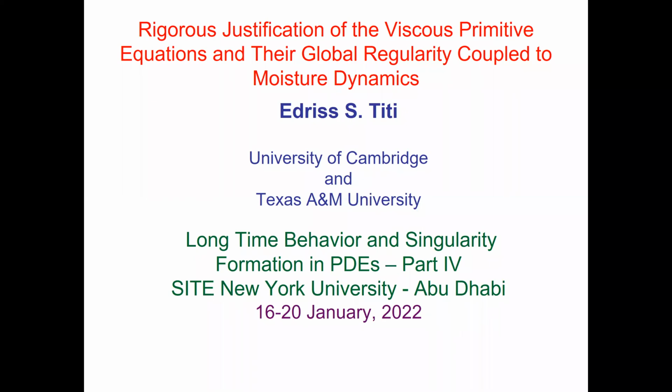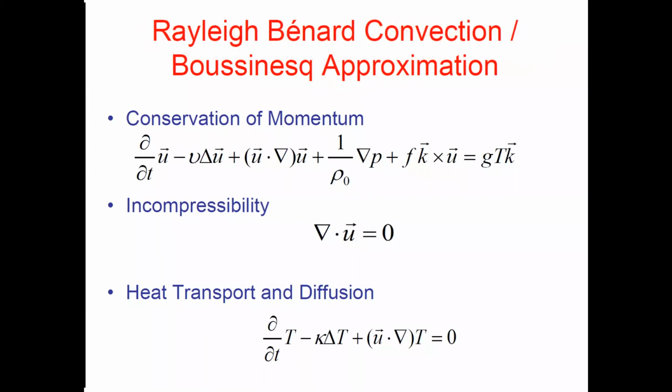So let me start with the model that we have in mind, which is called the Boussinesq Approximation. I hope you see my mouse. Imagine that you have a layer of fluid, which is heated from the bottom and cooled from the top. So this is supposed to represent, say, the atmosphere, or maybe you can think about the salinity instead of the temperature, so it's diffused.